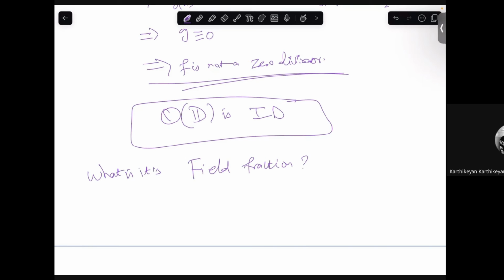Now you know this is an integral domain. Anybody know? Anybody come across this? If you don't know, let me know and I can tell you.